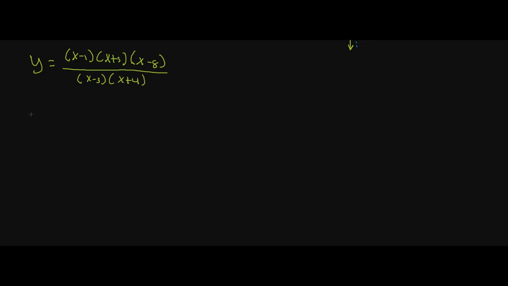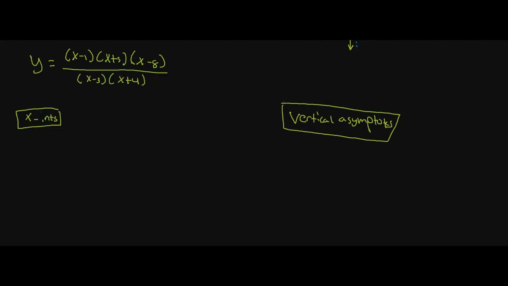And this problem is asking us to find the x-intercepts, and over here it's saying to find the vertical asymptotes. So this is applying what we learned from the last video and putting it to good use here.